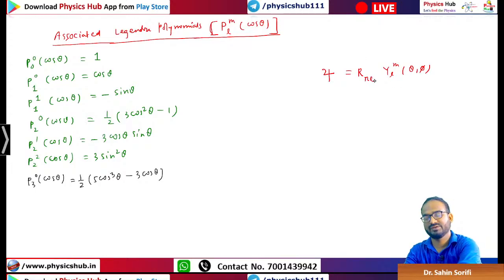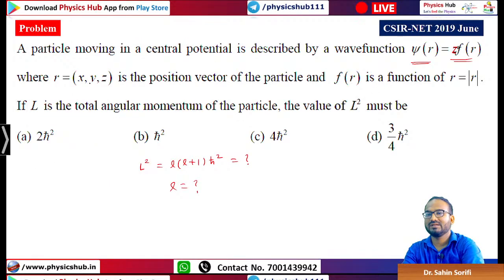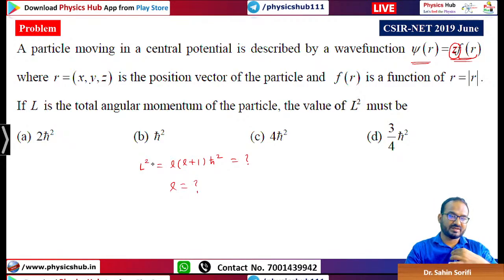So for the timing I am just writing it as a radial function R of r. Psi of r equals z times f of r, where f of r is the radial part. So the angular part is coming through z. Represent z in spherical polar coordinates, then you will get to know the value of L by comparing with the spherical harmonics. Give it a try.